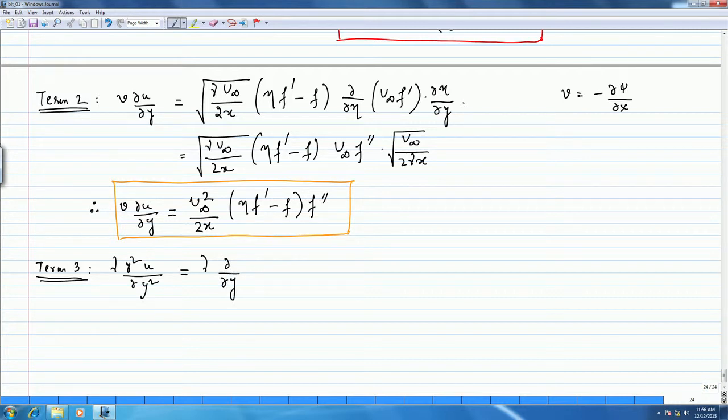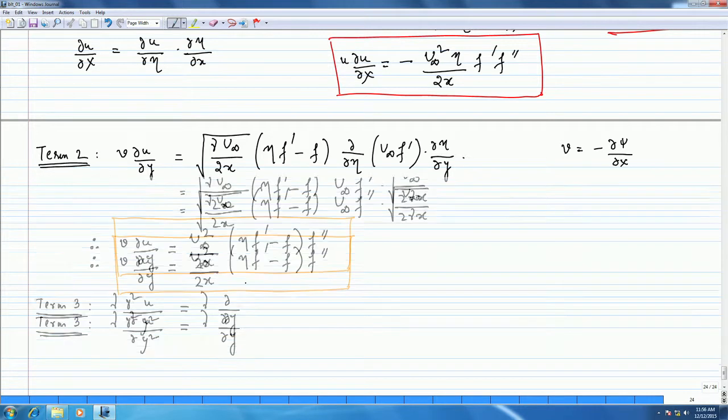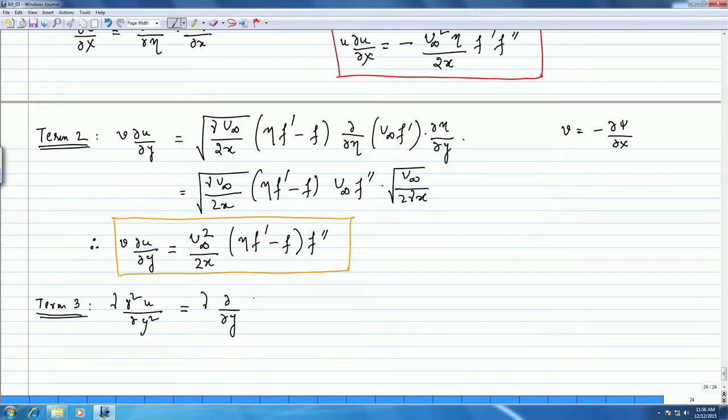I will request you to do this yourself. Do we have a term there for del u del y? That is nothing but, let us write it like this, del eta of u infinity f dash, del eta del y.